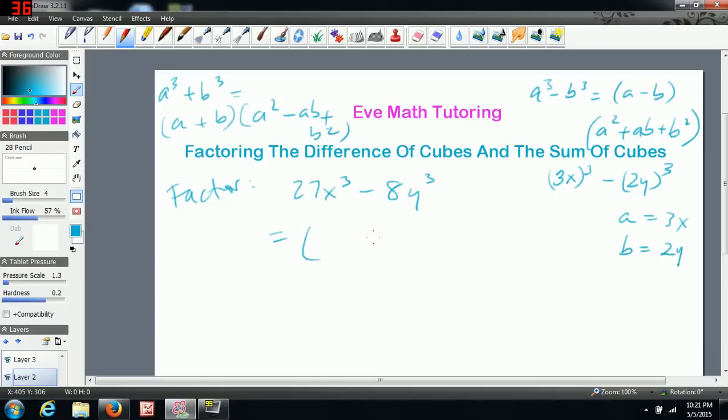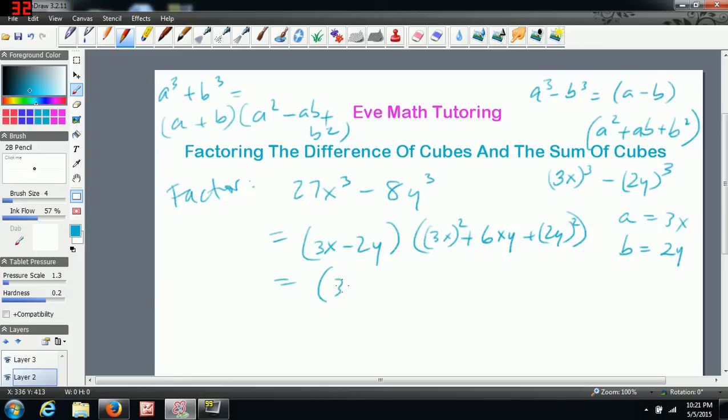Now I can go ahead and factor it using the rule here, since I've got a difference of two cubes. That would be 3x minus 2y, and then a squared would be 3x all squared, plus ab, so that would be 6xy, and then plus b squared, which would be 2y all squared.